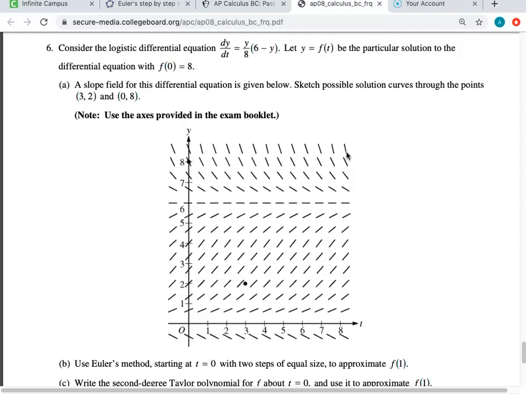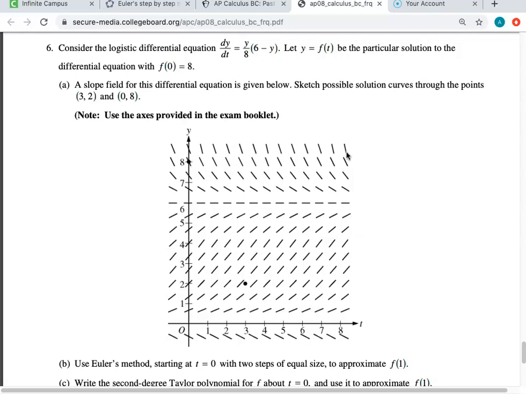And what that means is this is the highest population that can be supported with space and resources and everything else, for whatever you're talking about. If your population happens to start above the carrying capacity, then it gets pulled down to the carrying capacity. If your population starts below the carrying capacity, then it rises up, but then it levels off at the carrying capacity, right?